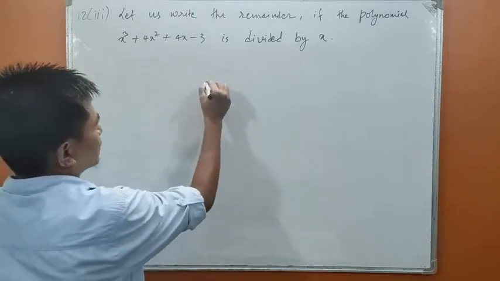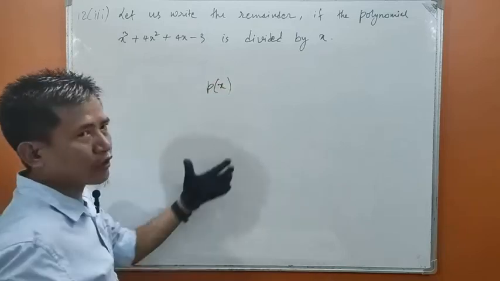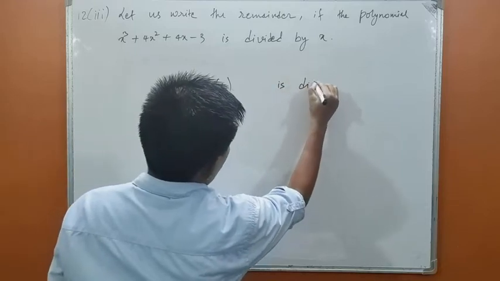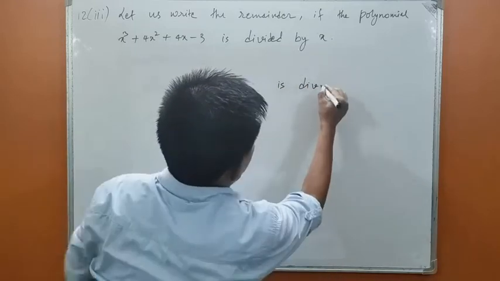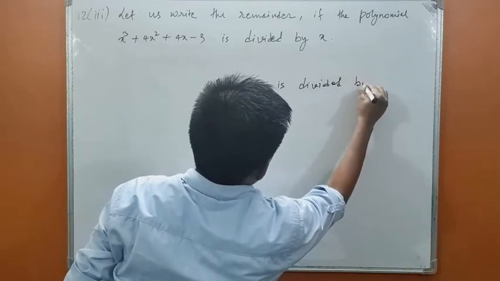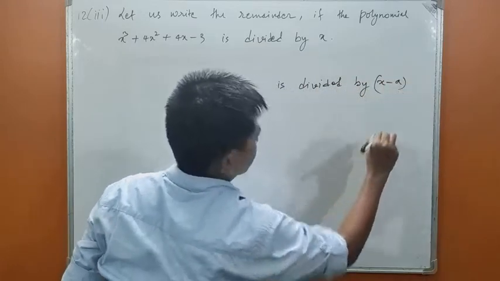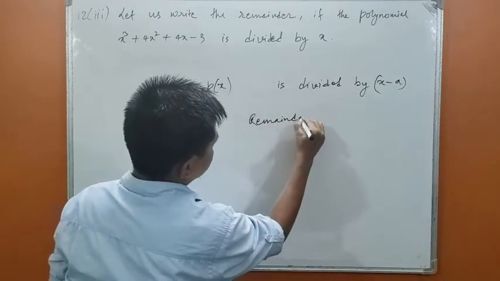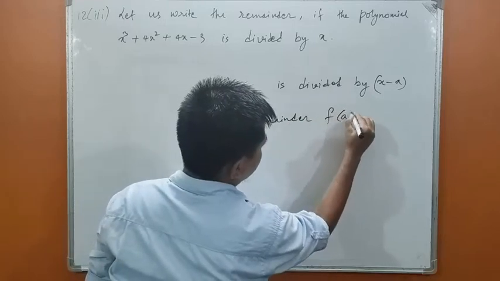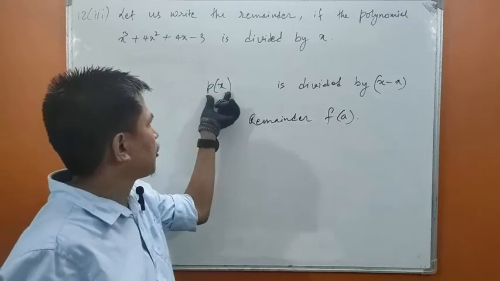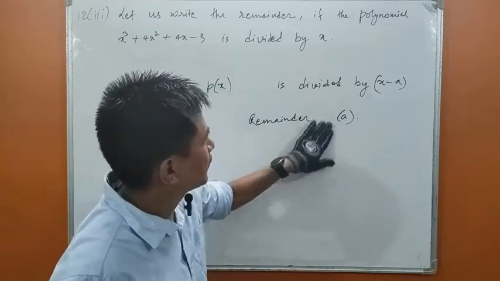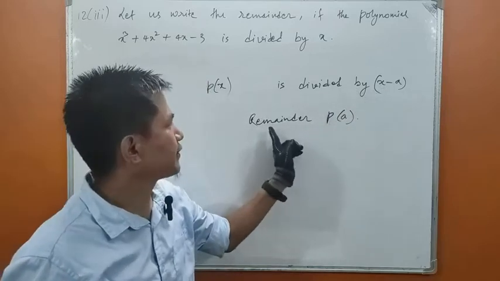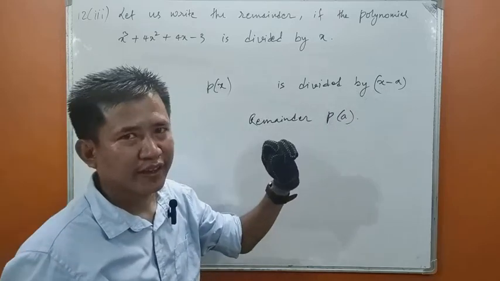Since we know that if the polynomial p of x is divided by x minus a, then remainder will be p of a, isn't it?